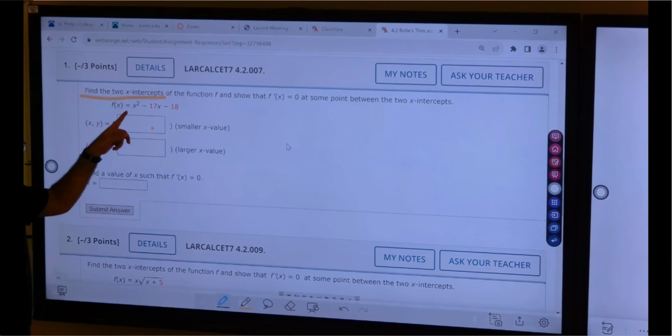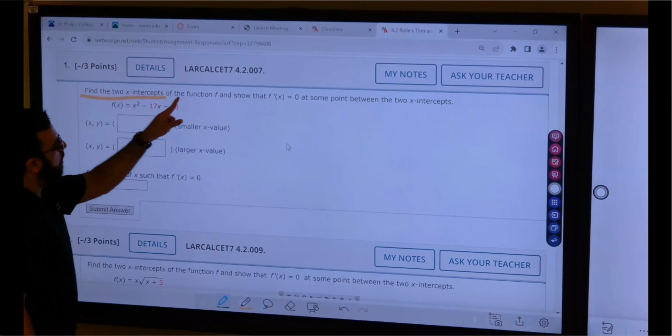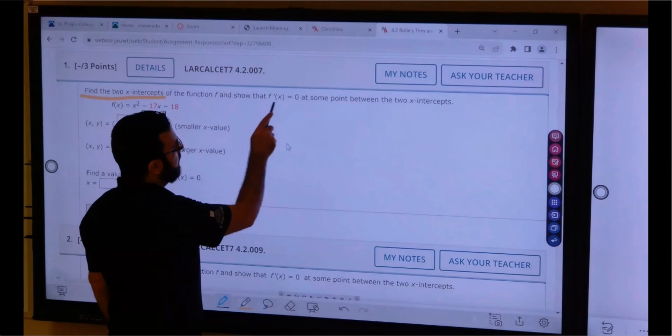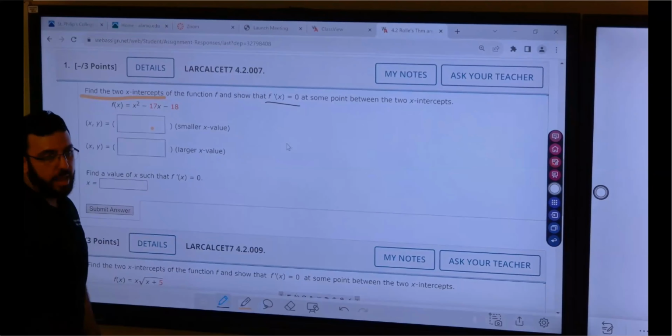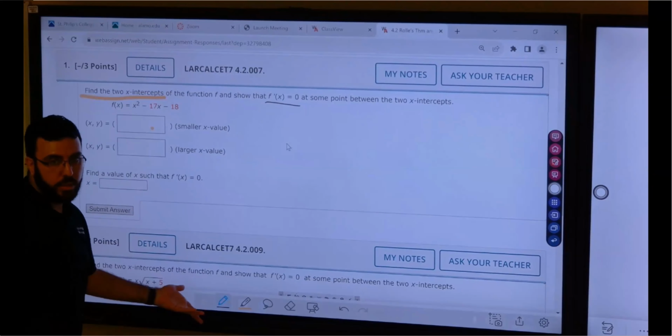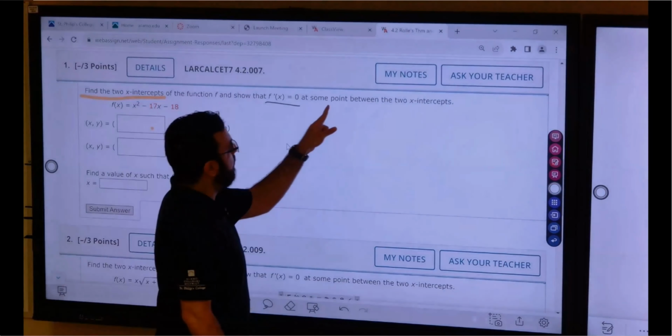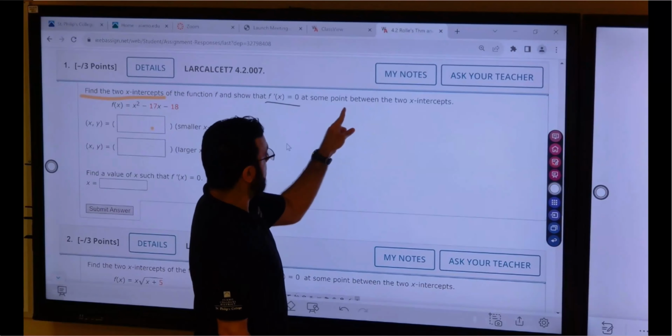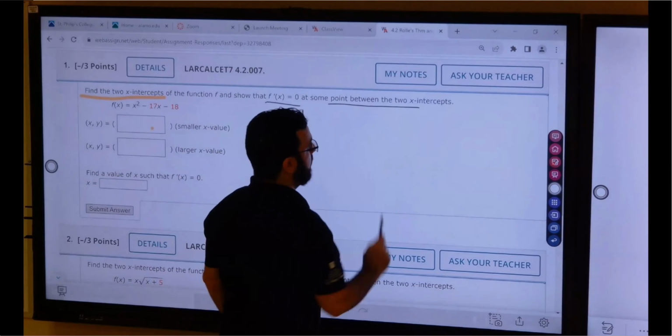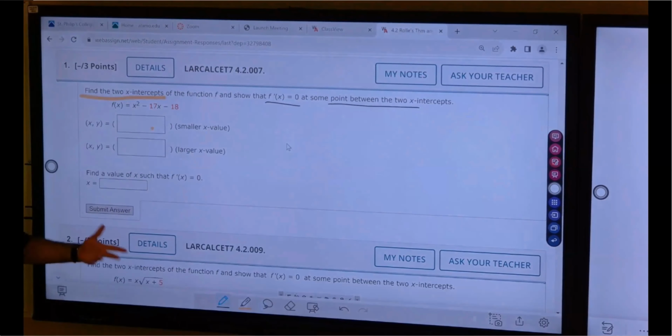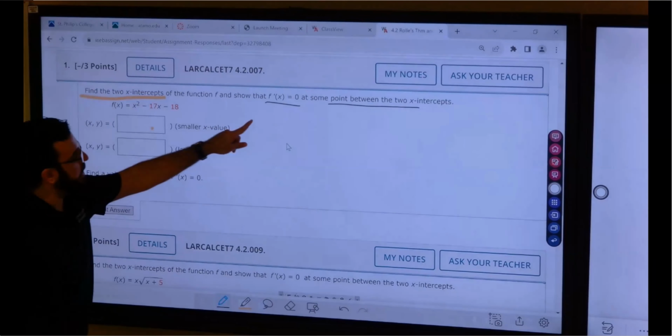They're telling you here, find two x-intercepts of the function to show that the derivative of x equals 0 at some point between the two x-intercepts. That means our interval is the x-intercepts. So this is the information I need.